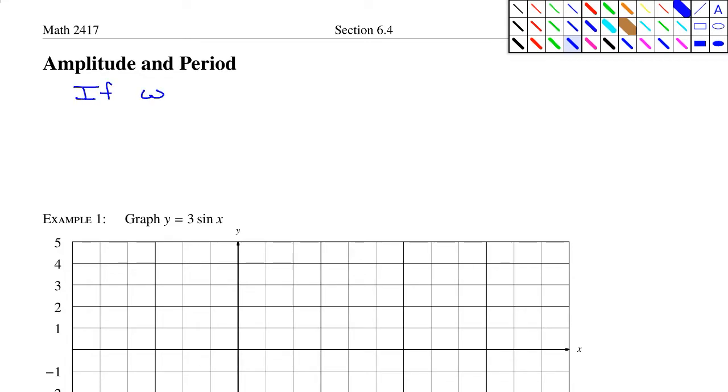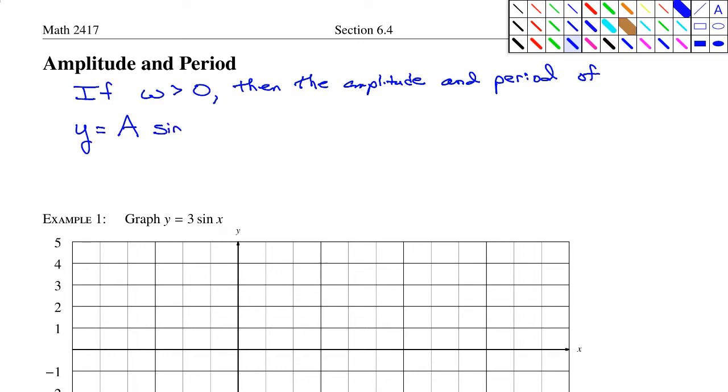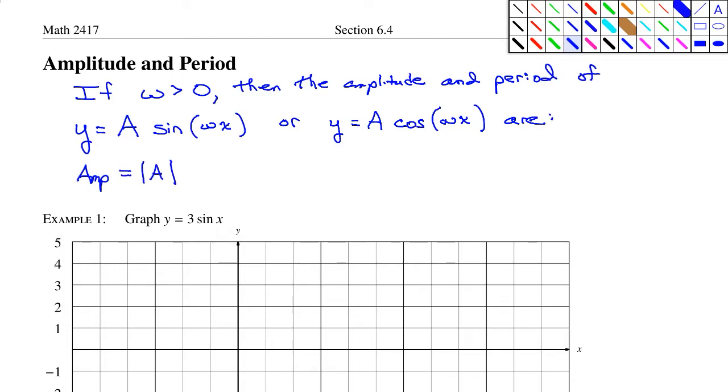If omega, which is like a little curly W, is greater than 0, then the amplitude and period of y equals a sine of omega x, or y equals a cosine of omega x, are: amplitude is equal to the absolute value of a, and the period is represented by a capital T, and that is equal to 2 pi divided by omega.